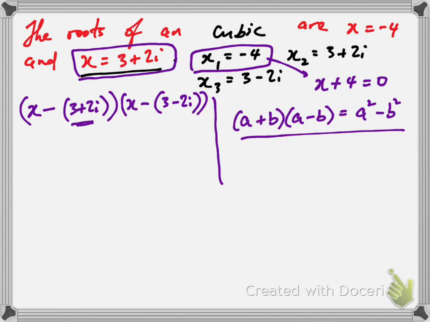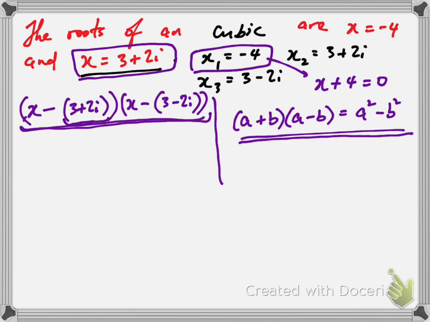So what do we do to expand this in an efficient form? This expression is a difference of squares. As you can see, a plus b times a minus b, versus x minus a times x minus b.